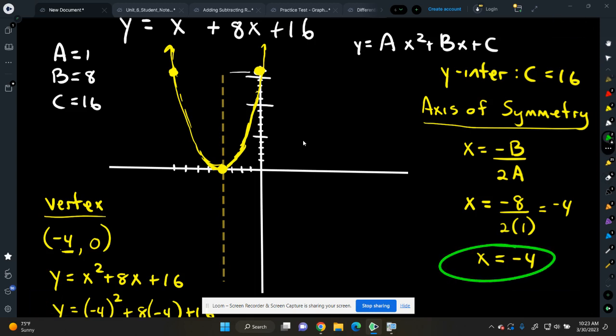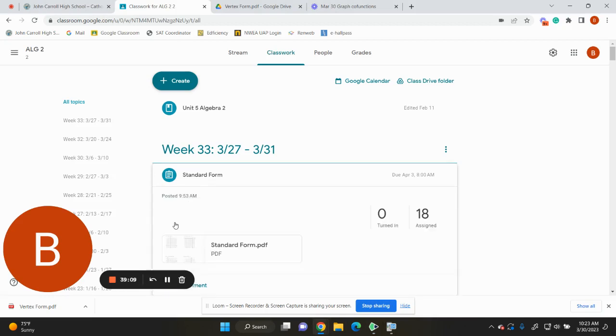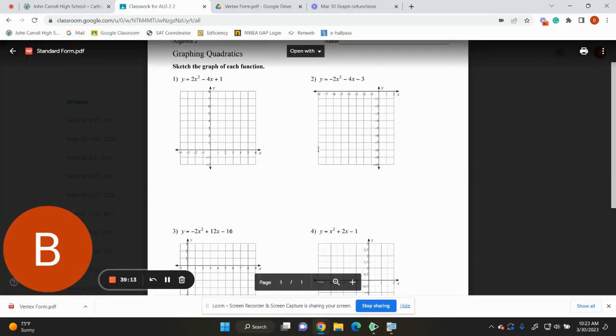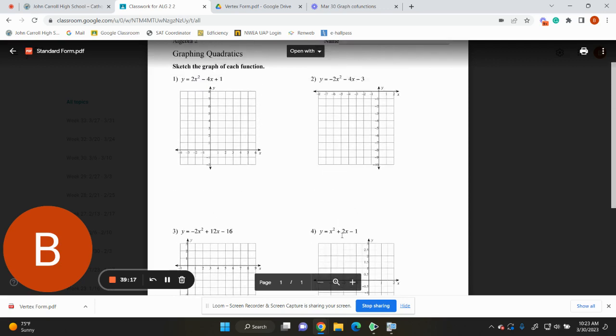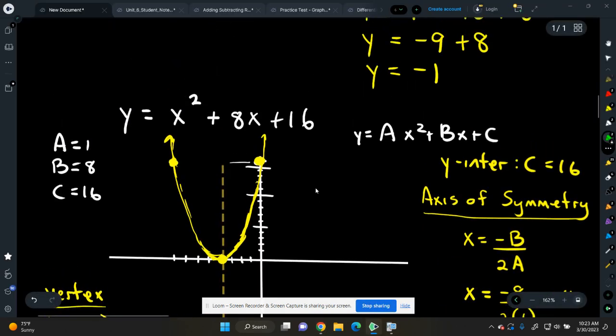Okay. You have a worksheet in Google Classroom. There are 4 problems. Okay. You're going to graph it from the standard form, just like we just did. Okay. So that means you have to find the y-intercept. There's 3 parts to it.